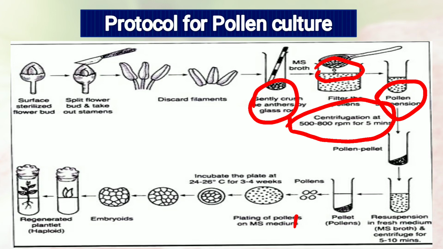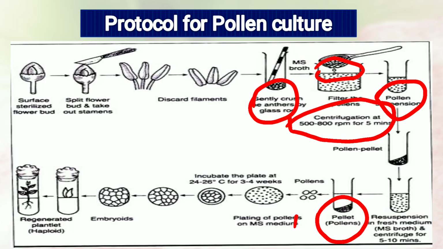Finally the pollen pellets are resuspended in a measured volume of liquid medium so that it makes a density of 10 raised to 3 or 10 raised to 4 pollens per ml.